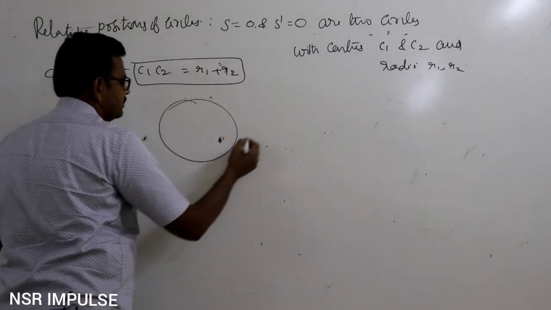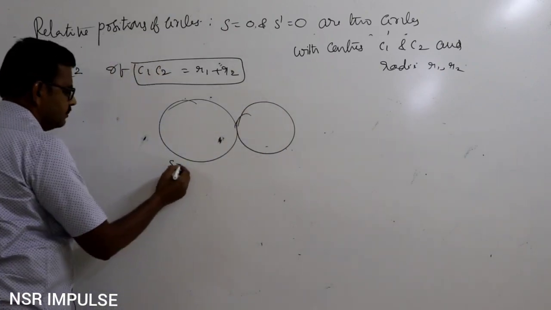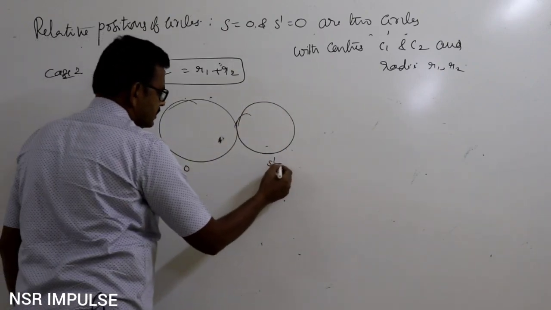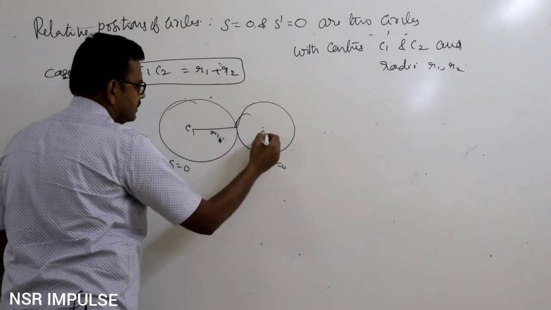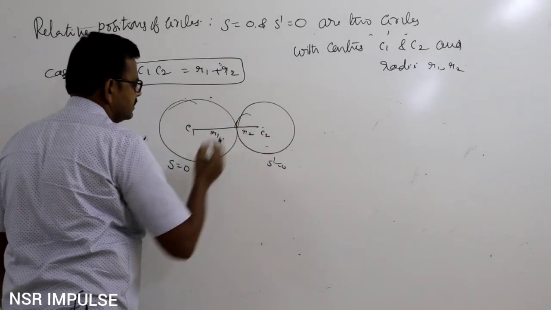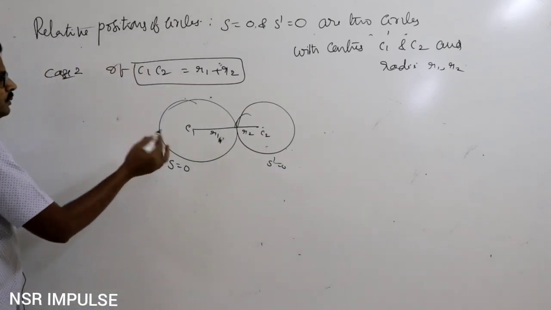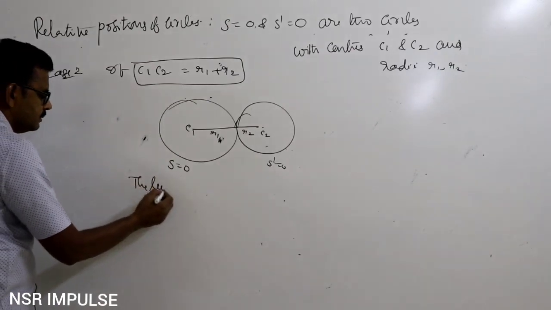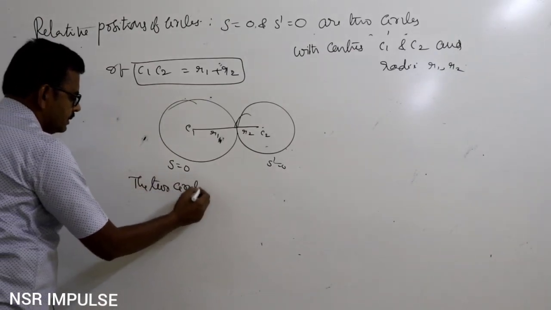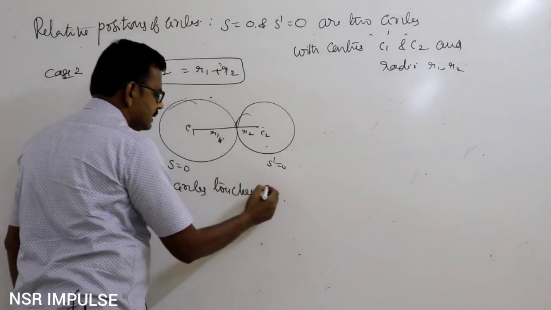So circle S equal to 0, S dash equal to 0, center C1, radius R1, center C2, radius R2. C1C2 equal to R1 plus R2. In this case, the two circles touch externally.